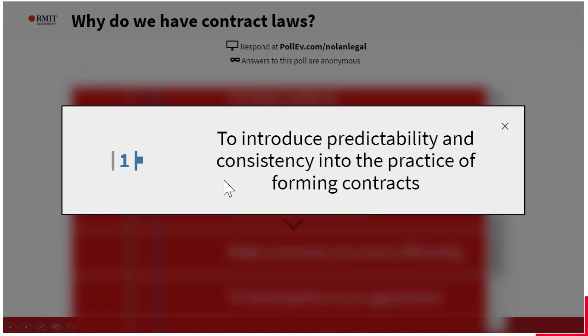But why do clients care about that? Why do people care about contract laws? They need to know if they're under contract. Rowan? So that people can take the risk of entering into an agreement that's not going to be fulfilled immediately and have faith that it will be fulfilled. So, excellent answer.